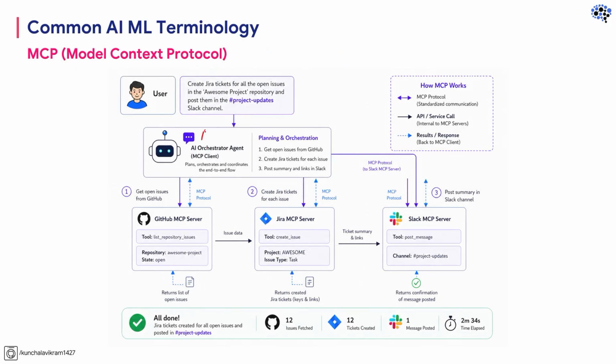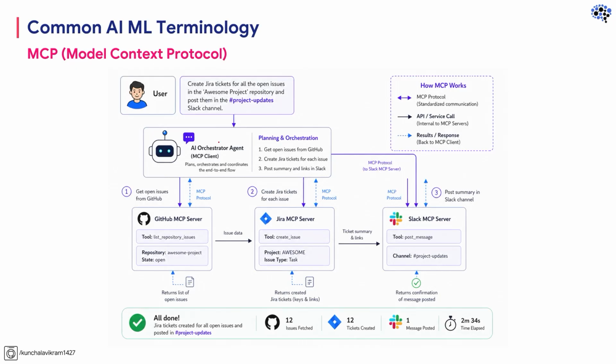Probably I've written it in Python or some framework like LangChain, LangGraph, or anything like that. So the user asks: create Jira tickets for all the open issues in this repository in GitHub, and post them in the project updates Slack channel. So I have to take the issues in a GitHub repository, create Jira tickets, and post them in a Slack channel. That's my use case.